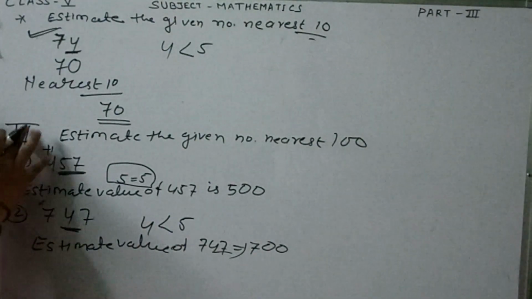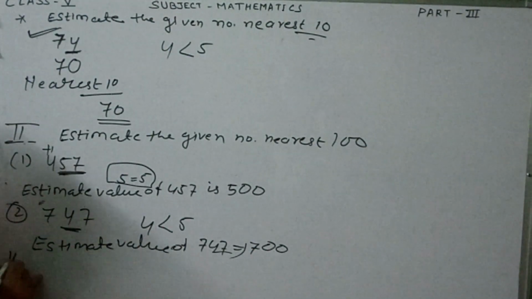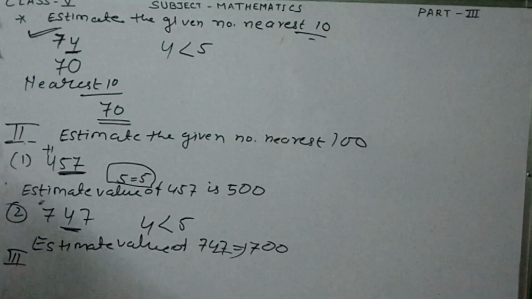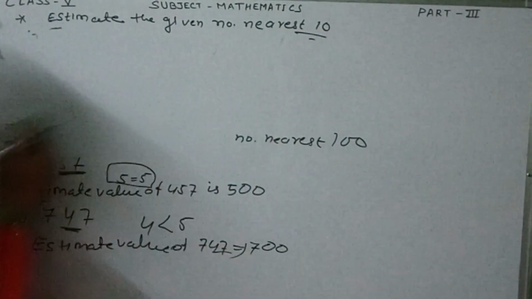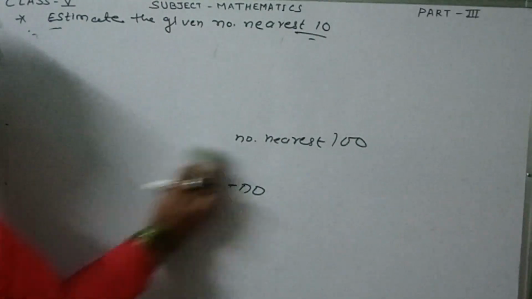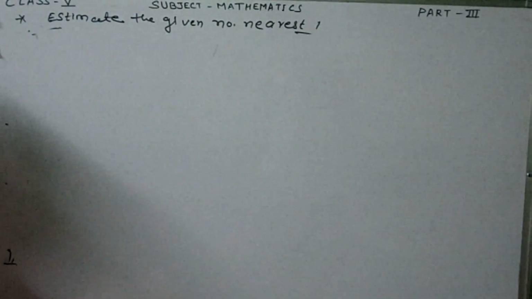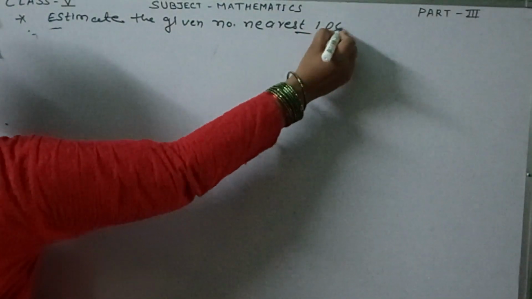The next question is the third one: estimate the given number nearest 1000.